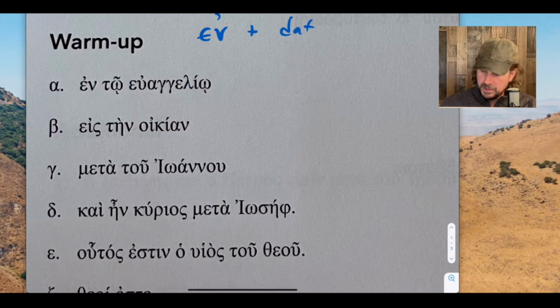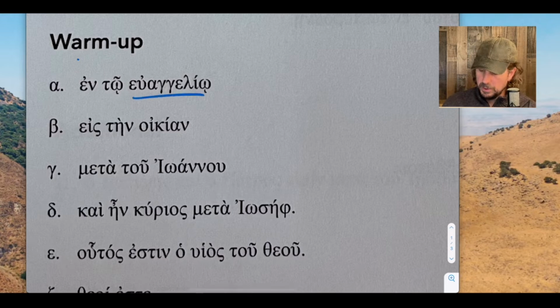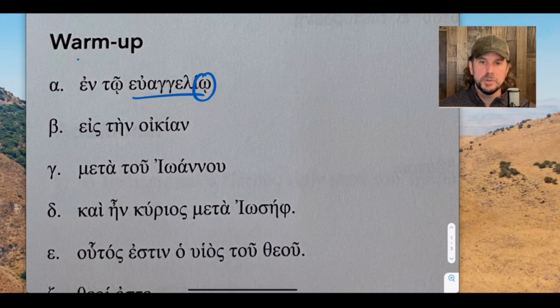So this is a definite article, and this is the noun that goes with it. And if you remember en, it's easy. It just means in. In the something. En takes the dative.